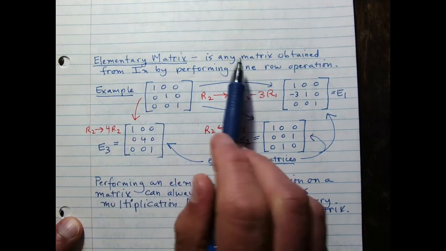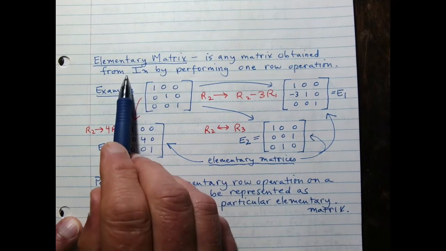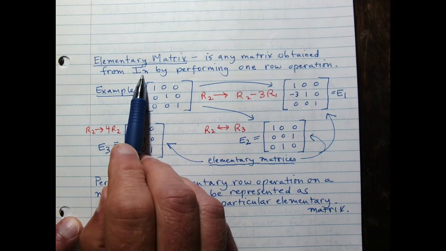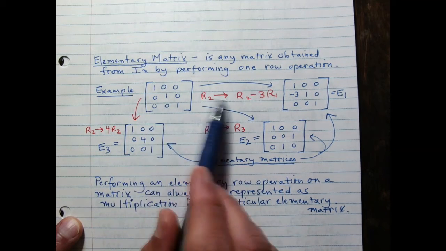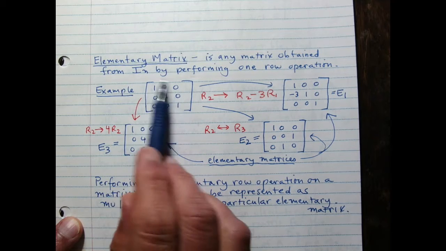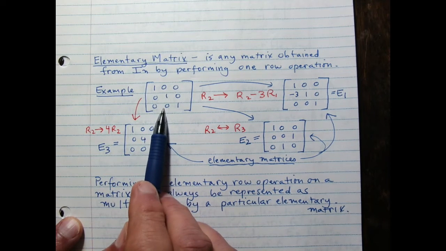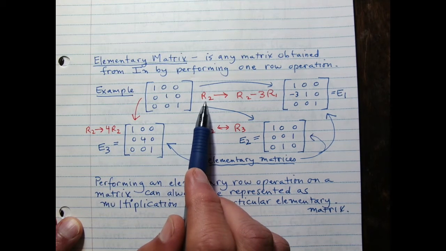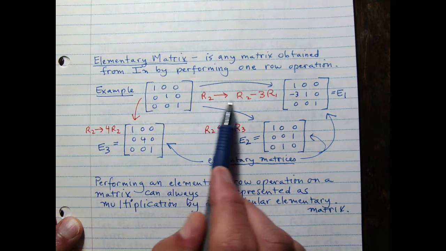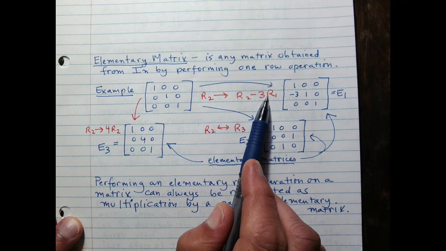An elementary matrix is any matrix obtained from the identity matrix by performing one row operation. So here's just some examples. Here's the 3 by 3 identity matrix, and I picked 3 different row operations to do. I'm going to replace row 2 with row 2 minus 3 times row 1.